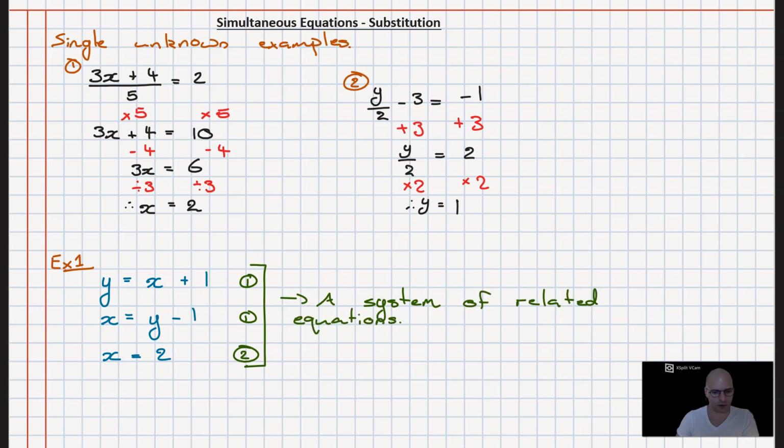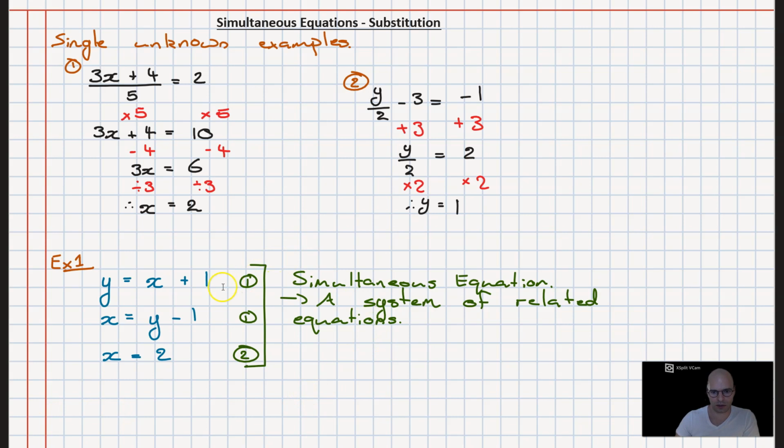We call this sort of relationship a simultaneous equation, in that we have more than one unknown and more than one equation. If you find that you have as many unique, related equations as you do unknowns, you can find the exact value of all of the unknowns within the equations.